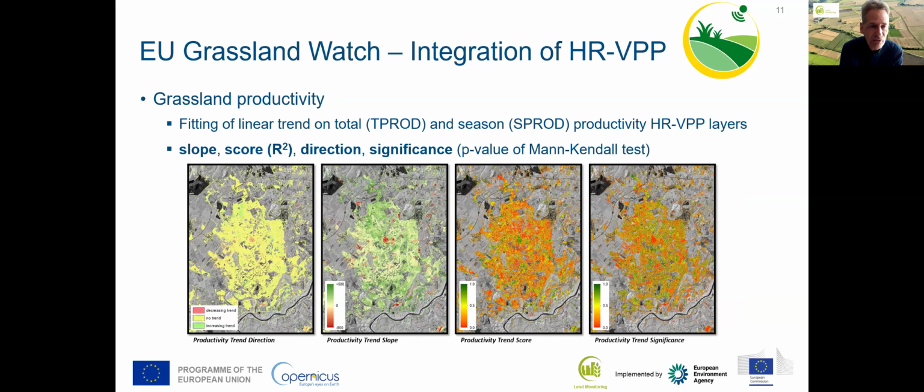We analyze a few more parameters, in order to come up with information on the productivity trend, to achieve some kind of indicator that tells us on a scale from 0 to 1 what is the productivity of a certain grassland over time.